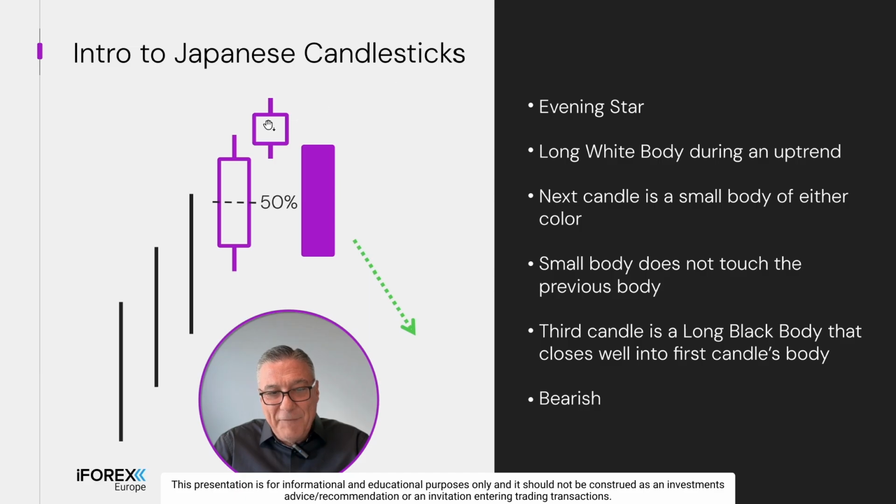And indeed, after this small body, what follows is a long black, bearish body that falls below the 50% level of this long white, bullish candlestick.